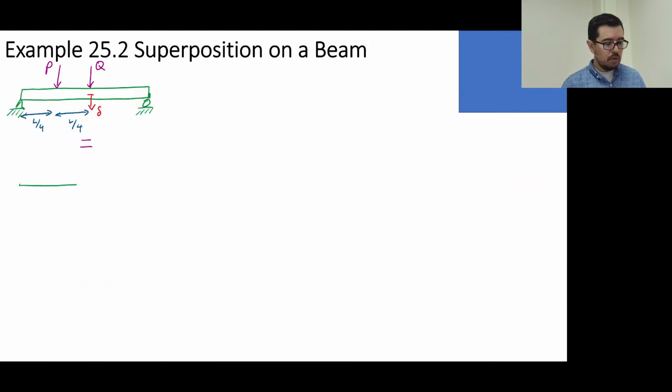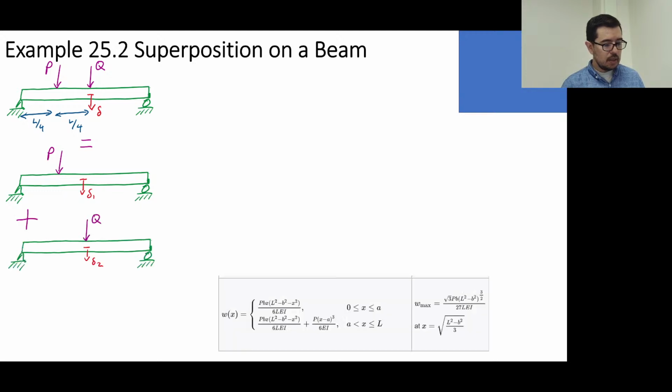So if you know that, for example, a is equal to L over 2, right? That's this scenario right here. But you could have a equals 0.2 L. That's where P is being applied. And so then you can use this expression right here.